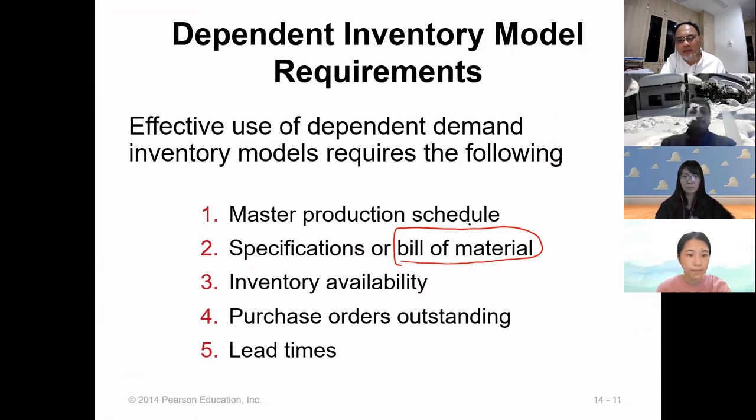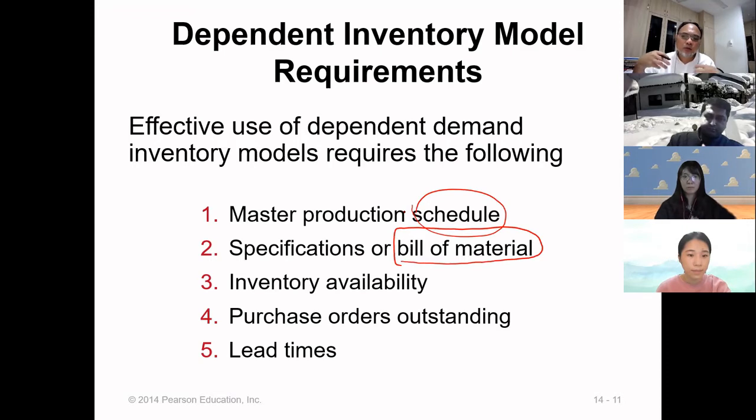And what are the things that are required? These are the information needed in order to develop the so-called requirements, the net requirement or the gross requirement. You need a production schedule, so we need a quantity that is being ordered, or what is the demand.